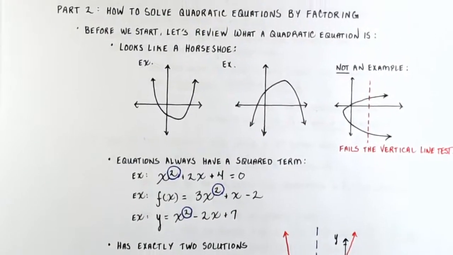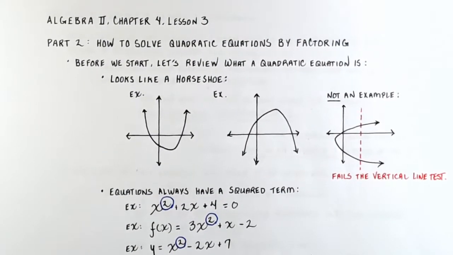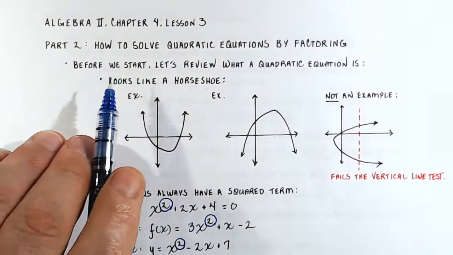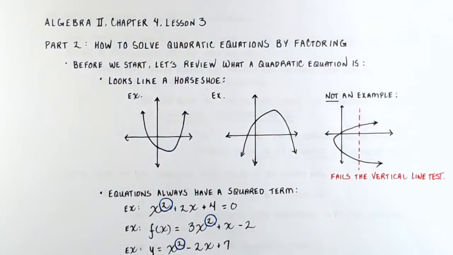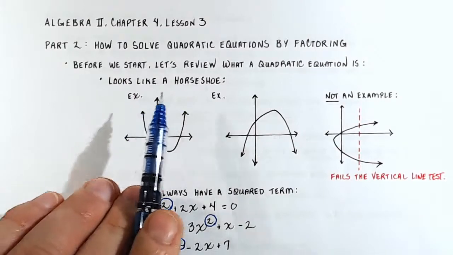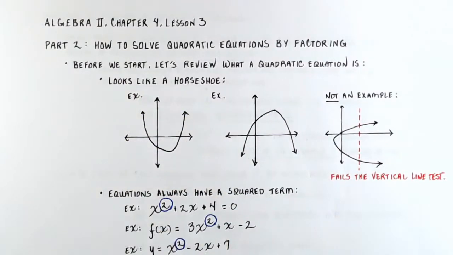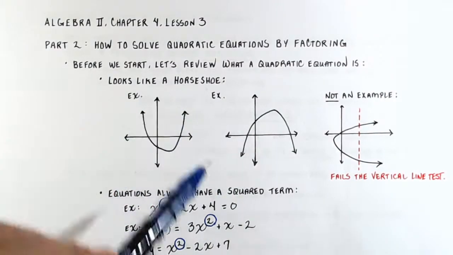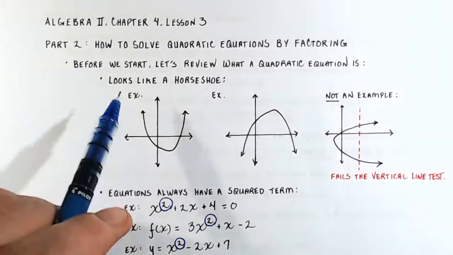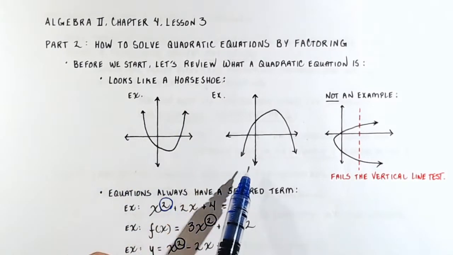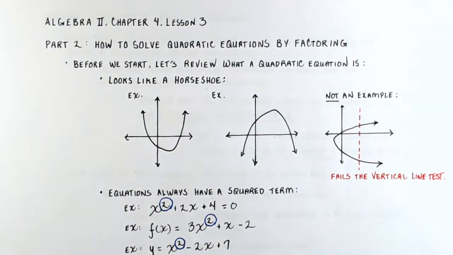Okay, now on to the main topic of the day, how to solve quadratic equations by factoring. Now I say here, before we start, let's review what a quadratic equation is. Well, it looks like a horseshoe. It can be a horseshoe pointing up. That means it has a positive slope. It can be a horseshoe pointing down. That means it has a negative slope.